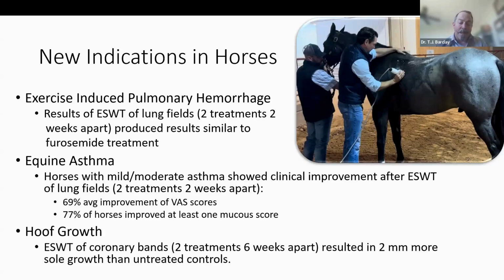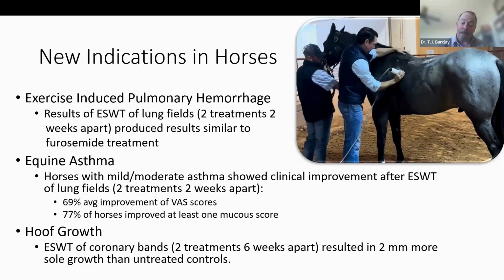But one of the takeaways from that study is that, since those horses were being diagnosed with bronchoalveolar lavage, it seemed to be having an effect on airway inflammation as well. So the theory was that perhaps with shockwave therapy we were actually treating asthma, and therefore the EIPH was improving.